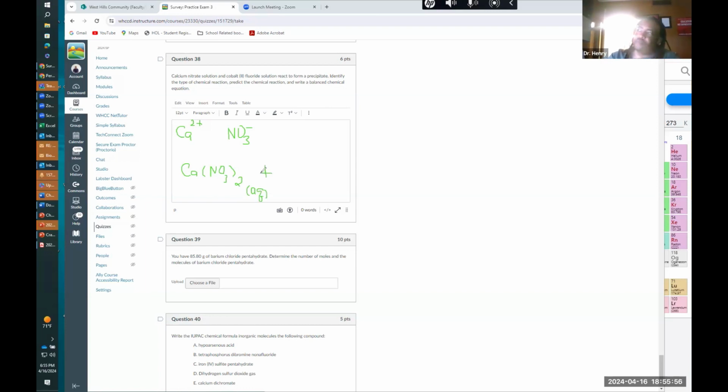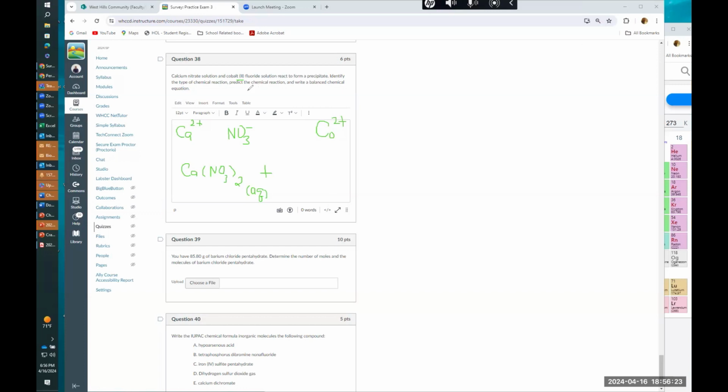Plus, and we have cobalt 2 fluoride. So what does that Roman numeral mean? That there are two? Not that there are 2, that it's what charge? Positive 2, right? The Roman numeral always means that the ion is going to be positive, whatever the Roman numeral is.